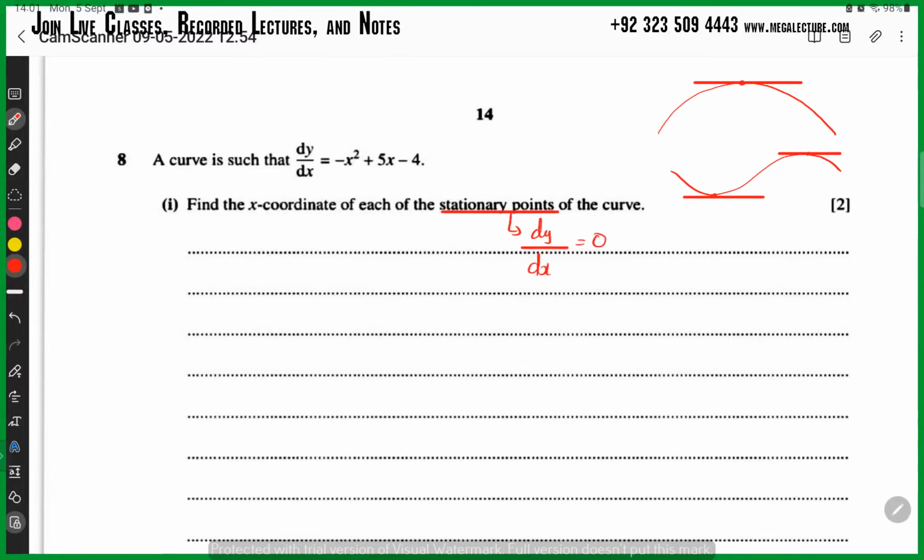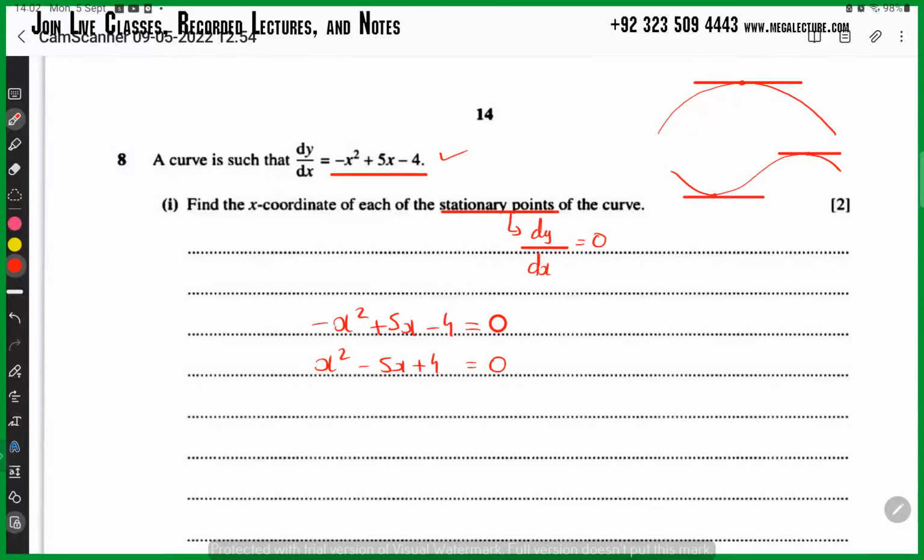Perfect. You already have the derivative and you have been asked to find the stationary points. So how do we do that? We are going to plug in this as 0. So minus x squared plus 5x minus 4 equals 0. And next I can rewrite it as x squared minus 5x plus 4 equals 0.